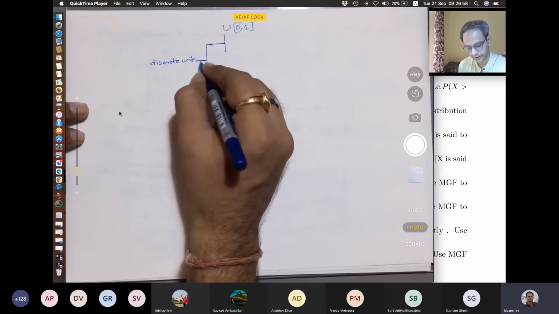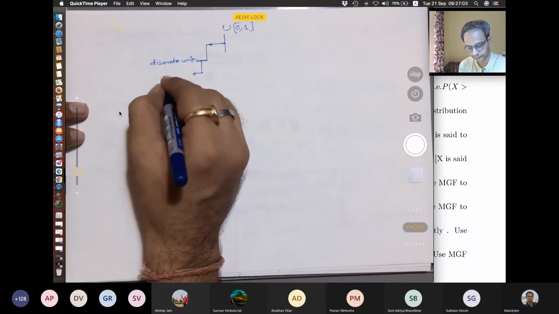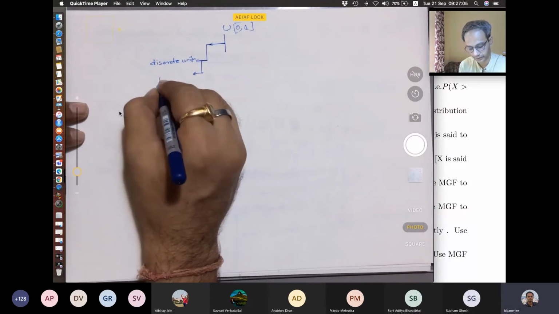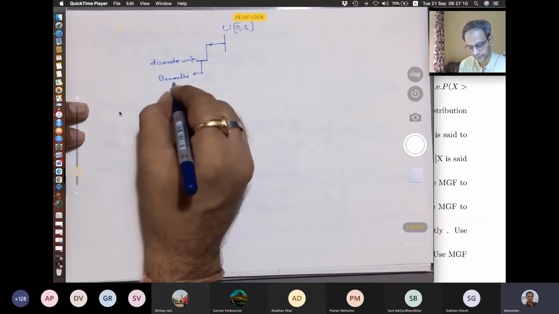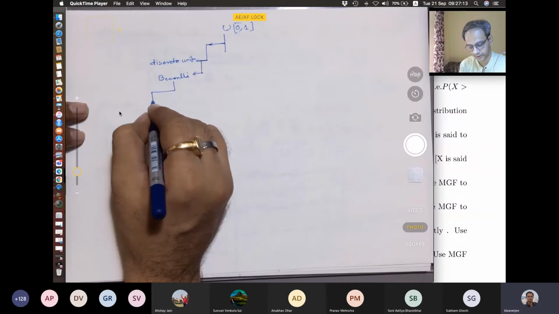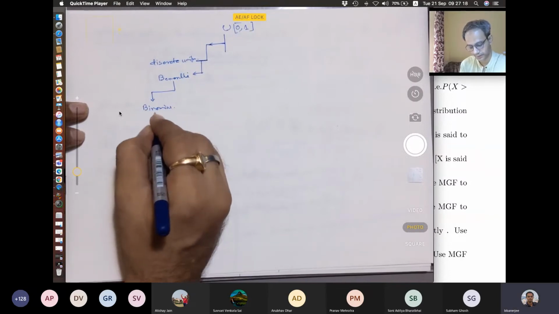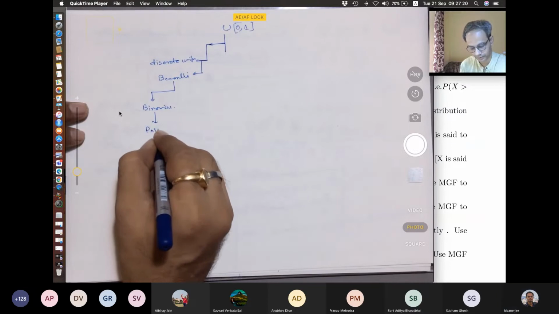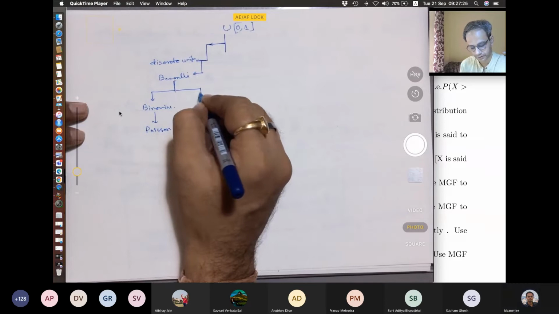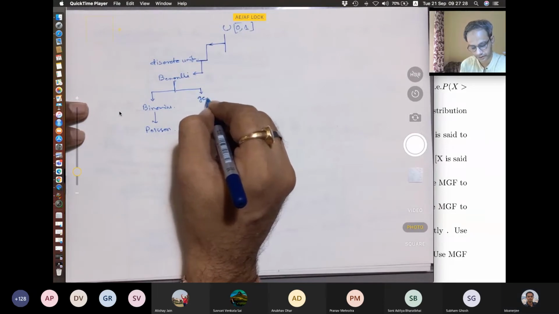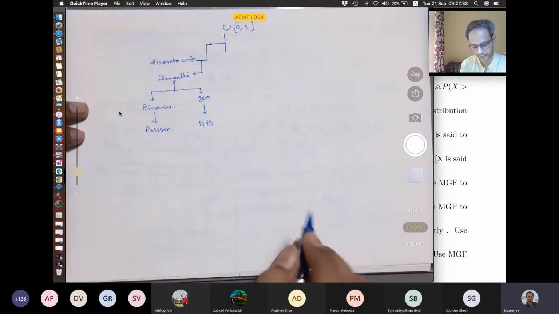As a special case of that, we have got Bernoulli. From Bernoulli, we have got binomial. From binomial, we have got Poisson. Again, from Bernoulli, we have got geometric. From geometric, we have got negative binomial.